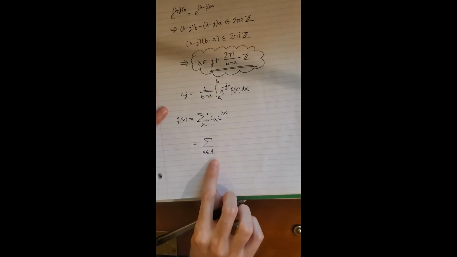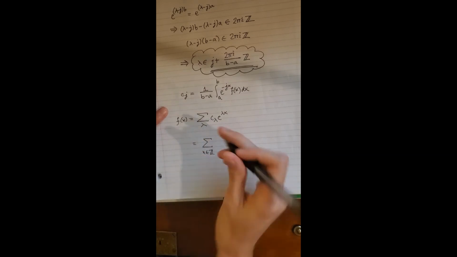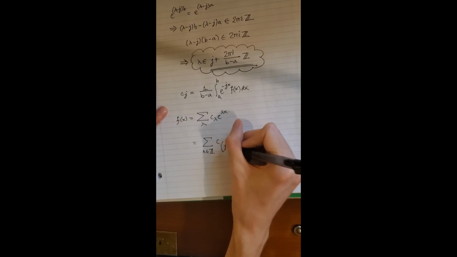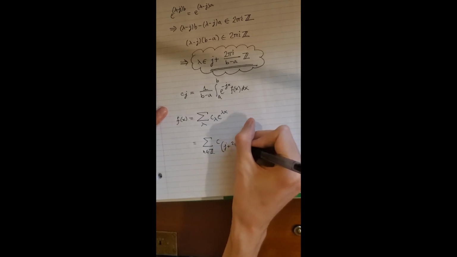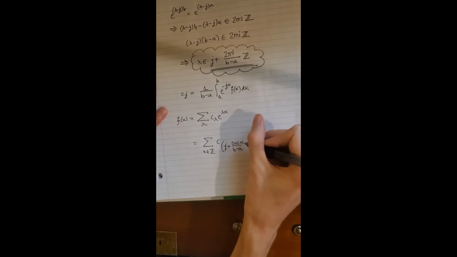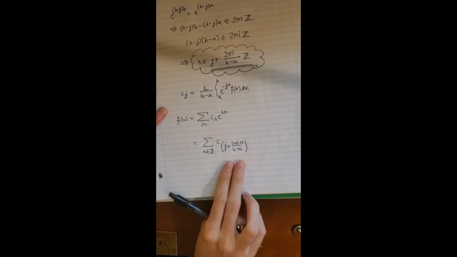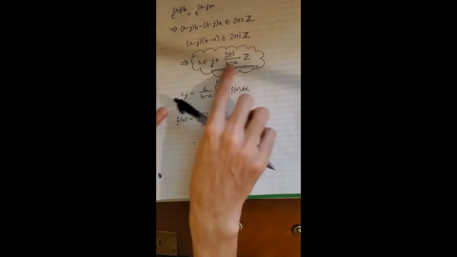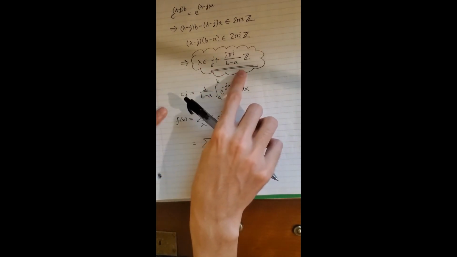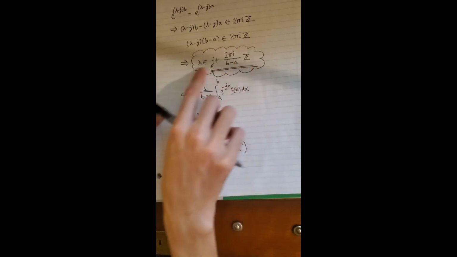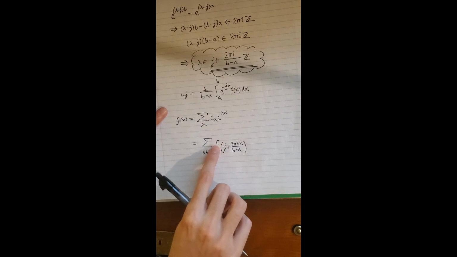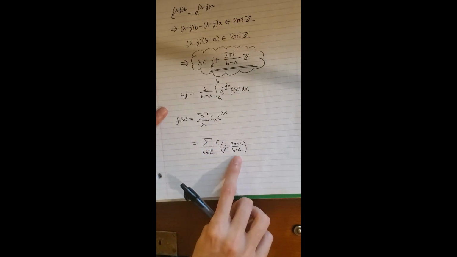Then this c sub lambda is going to be c sub j plus 2 pi i over b minus a times n. That's just the formula for lambda. Each value of n indexes a particular value of lambda that's possible. So we're just substituting that in for lambda.